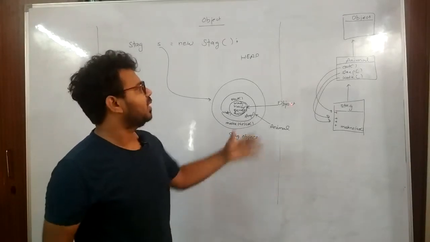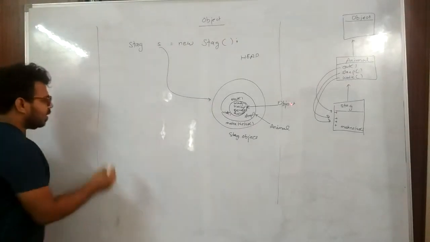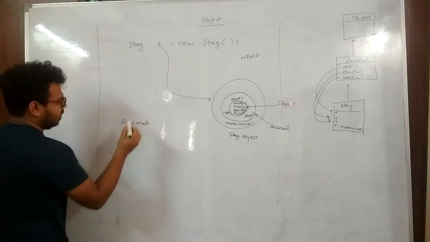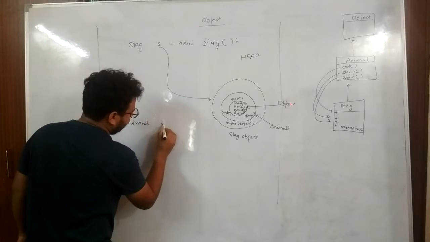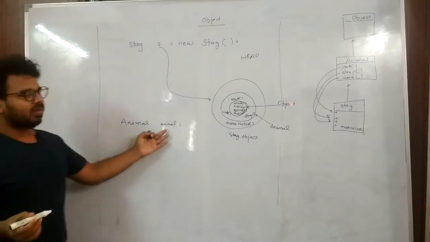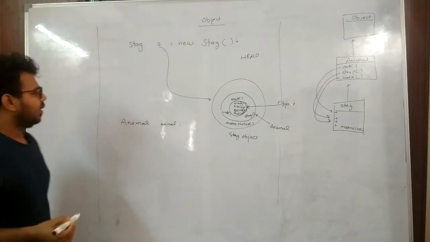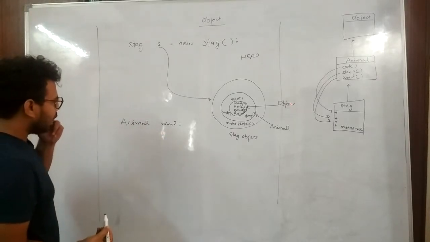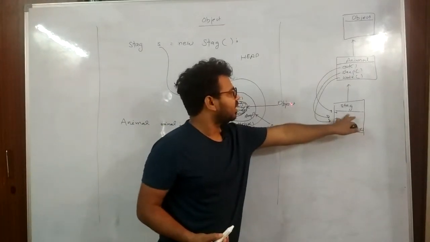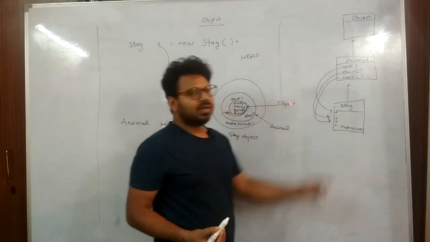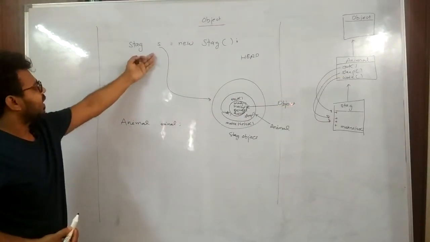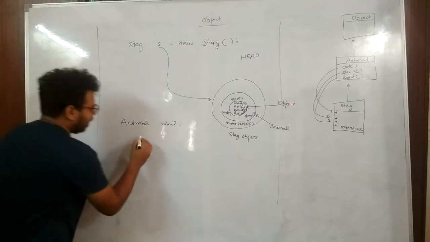Let us walk through some interesting scenarios. Suppose I create an animal reference, animal. Okay, I just created an animal reference. Now, since this stack is an animal, I can simply assign this stack to animal.